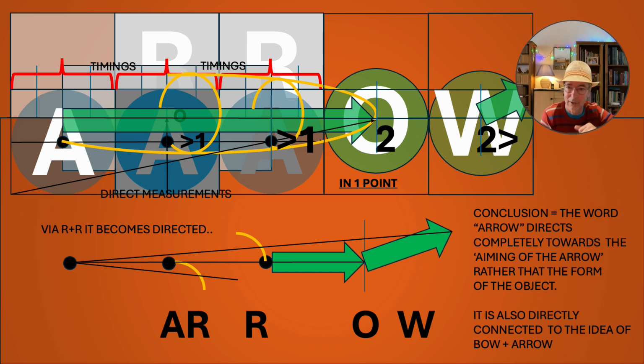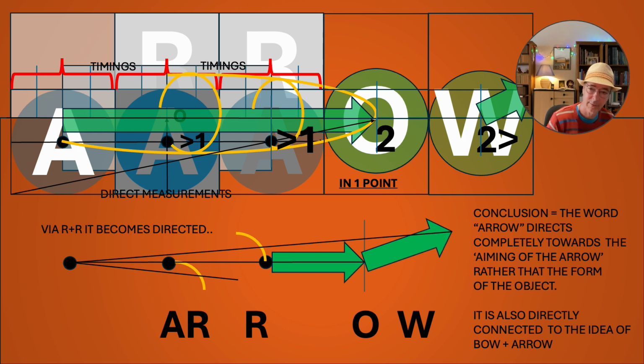That's what is also interconnected in that arrow. The arrow also has a relationship to that aiming of the arrow, and that's even more than the form that we use to express it and to say okay, it has a direction. It not only has a direction of how I direct it, but it also has a direction of its own. That's all about the arrow. It's all connected with that arrow.